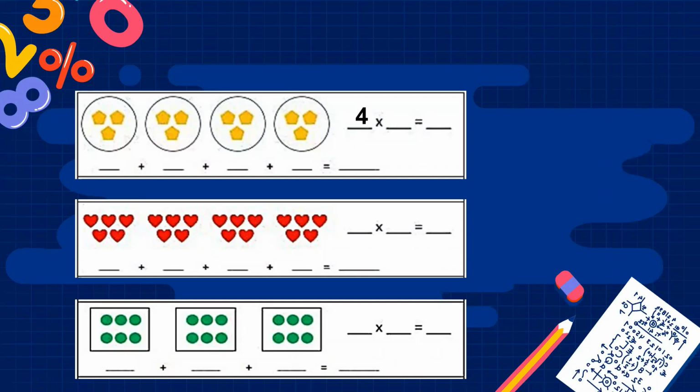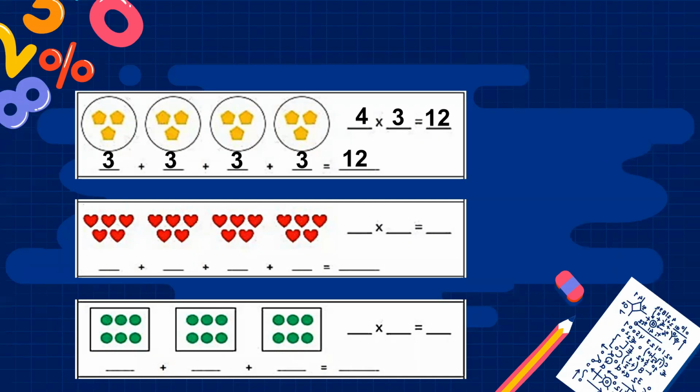Very good. How many pentagons in each group? 3. So 4 times 3 is equal to 12. Very good. Now using repeated addition, how are you going to answer? 3 plus 3 plus 3 plus 3 equals 12. Very good.